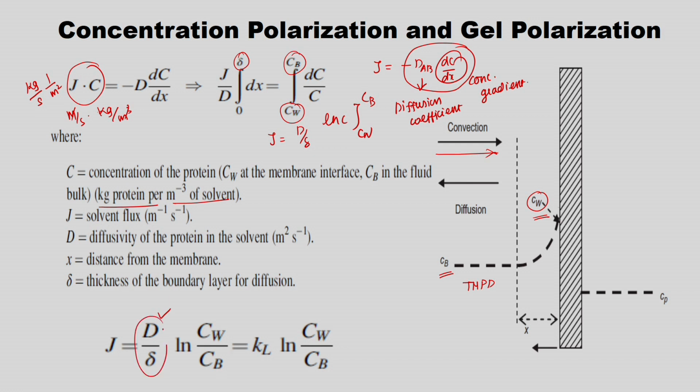This D upon delta, according to film theory, is the mass transfer coefficient.